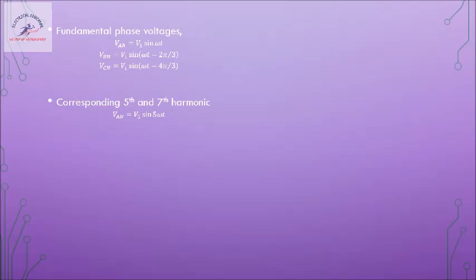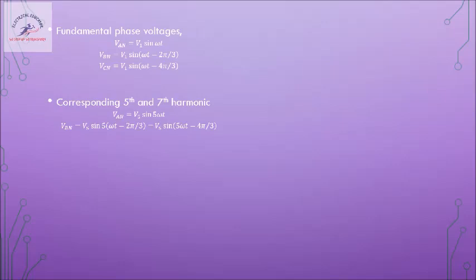So now I am using the same notation VAN, VBN and VCN to find the fifth harmonic components, and instead of writing the fractional magnitudes, I am representing them with the respective suffix numbers. So V5 indicates the magnitude of the fifth harmonic voltage. Since it is a fifth harmonic, its frequency should be 5 times the fundamental. So VAN is equal to V5 sin 5 omega t. Next VBN.